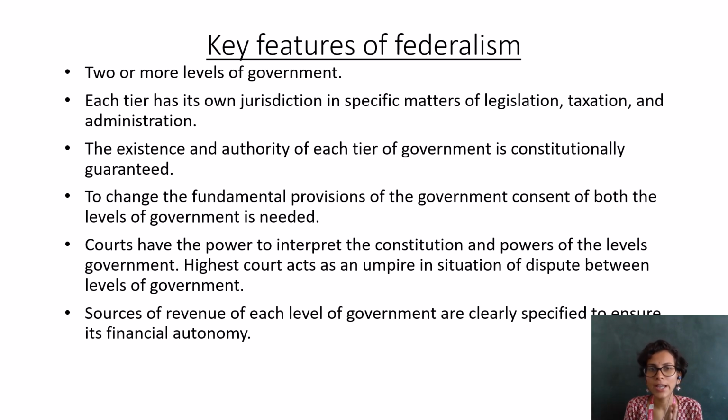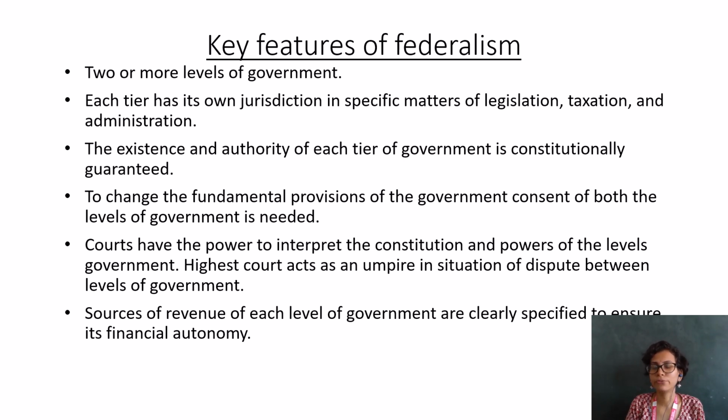Each tier has its own jurisdiction in specific matters of legislation, taxation and administration. Now this word jurisdiction means the area of legal authority. In our constitution it is mentioned which area is going to be governed by whom.